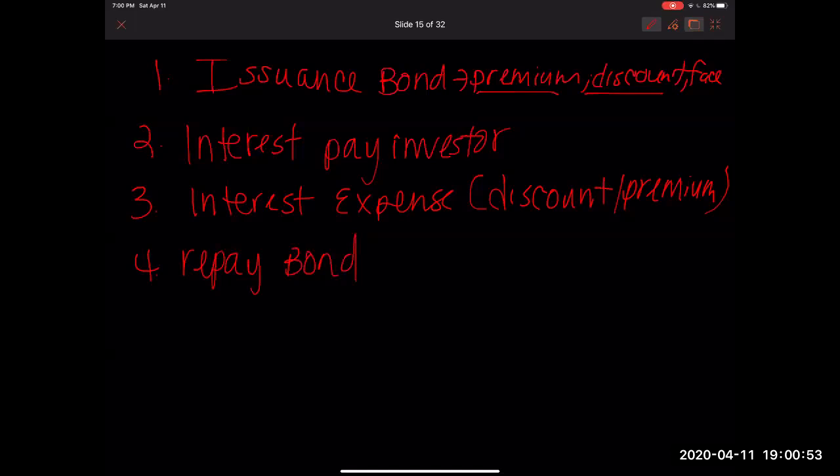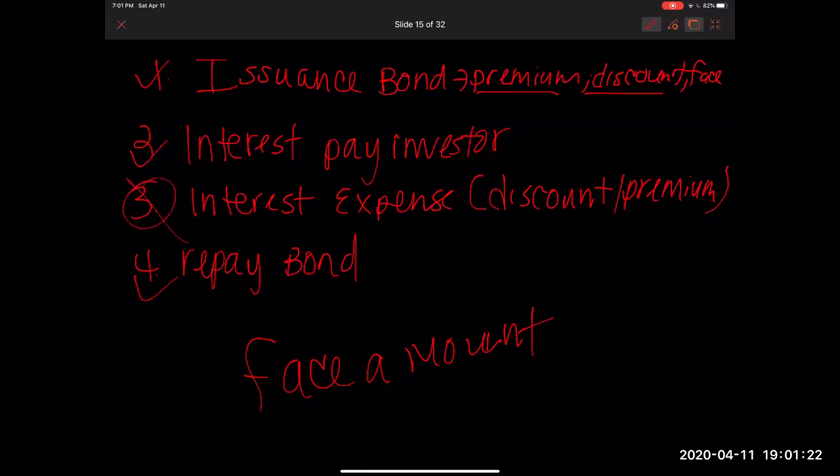Now, if you are issuing a bond at face amount, you will only have the issuance, you will have the interest payment to the investor, and then you will have the repayment.